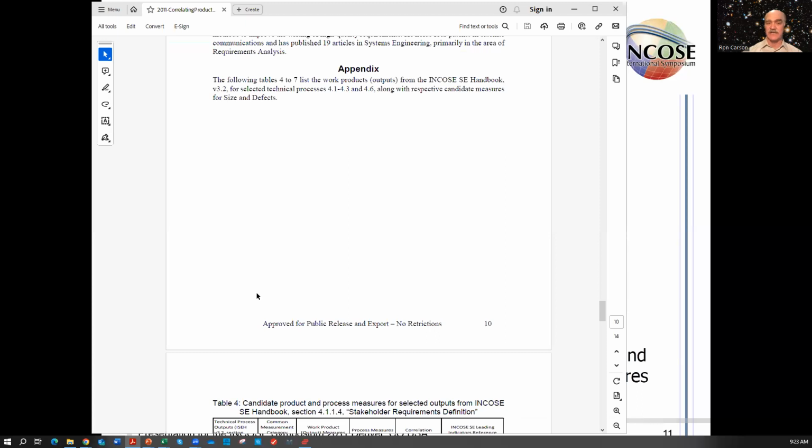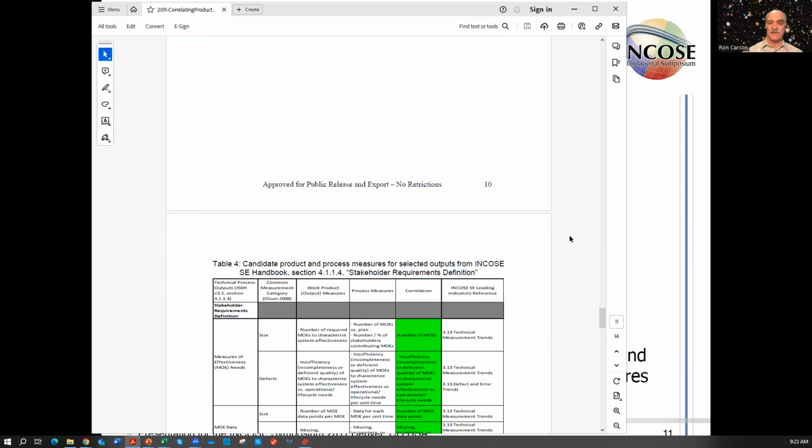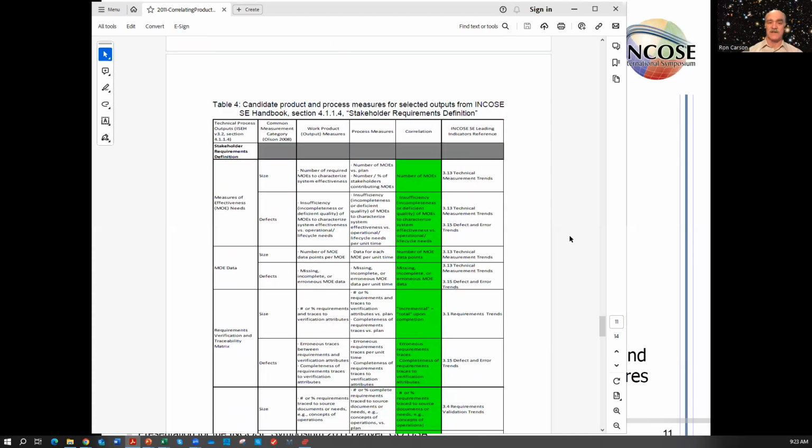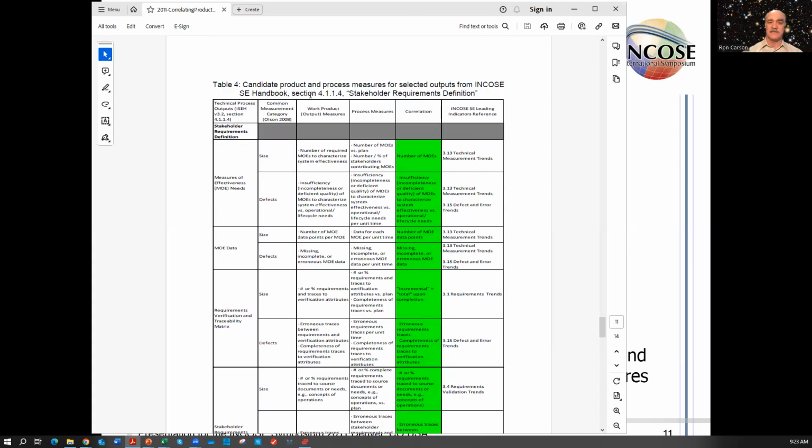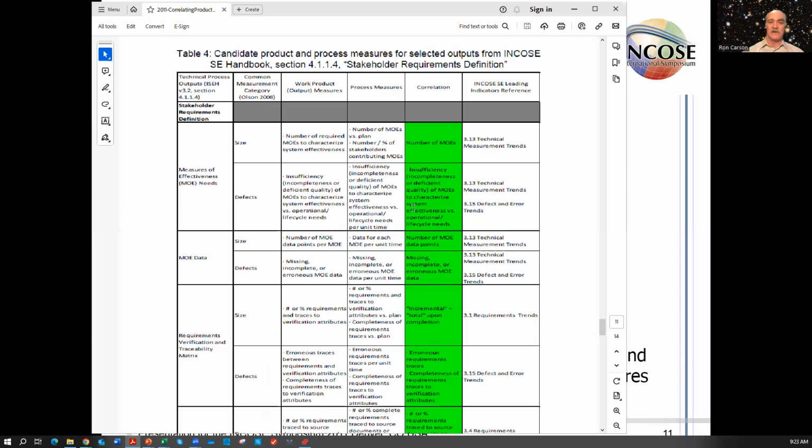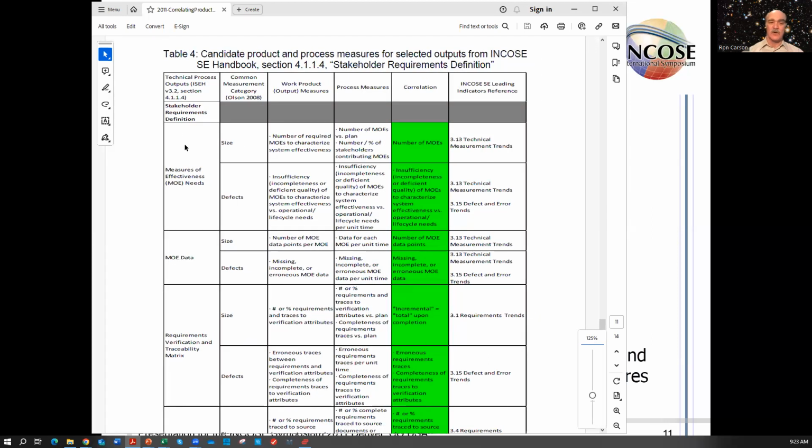That is actually in the Wiley and INCOSE publications library. So this is the appendix to the written paper for this paper from 2011. So I have here listed all of the work products for the selected processes.